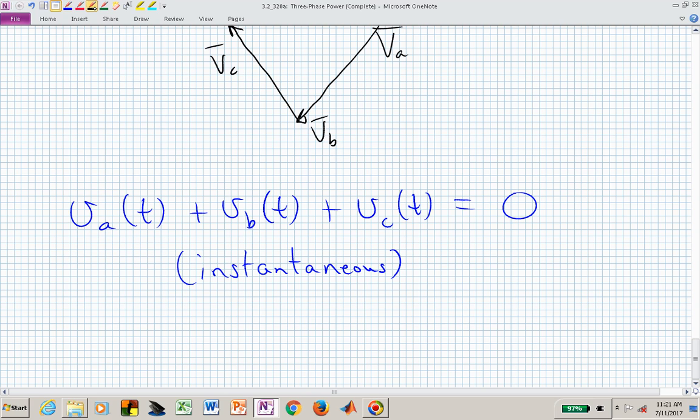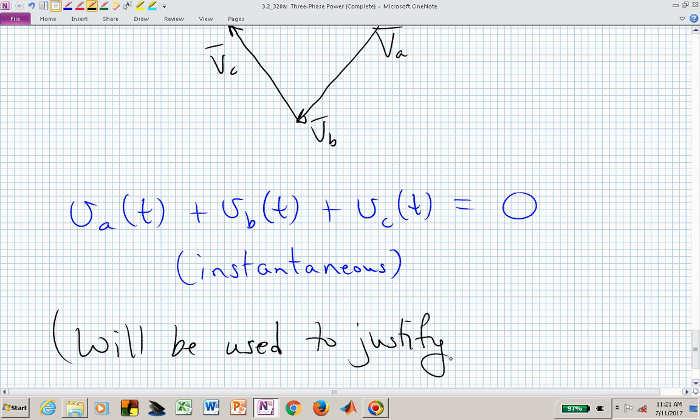And we'll use this. Keep this in your memory bank, as it will be used to justify our application of single-phase equivalent circuits in solving balanced three-phase circuits.